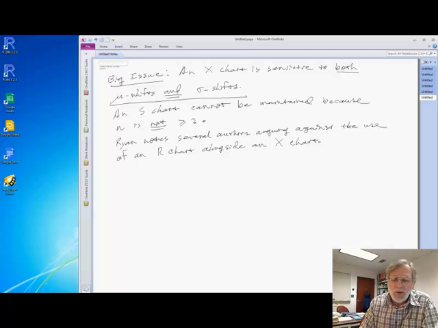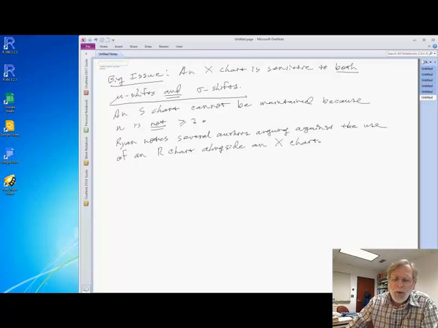So, in other words, if you get a signal off of an X chart, you won't know if it was a shift in the mean or a shift in sigma. And running an R chart really doesn't give you separate signals between whether you have a mean shift or a sigma shift. It has been found both through simulation and through empirical experience.